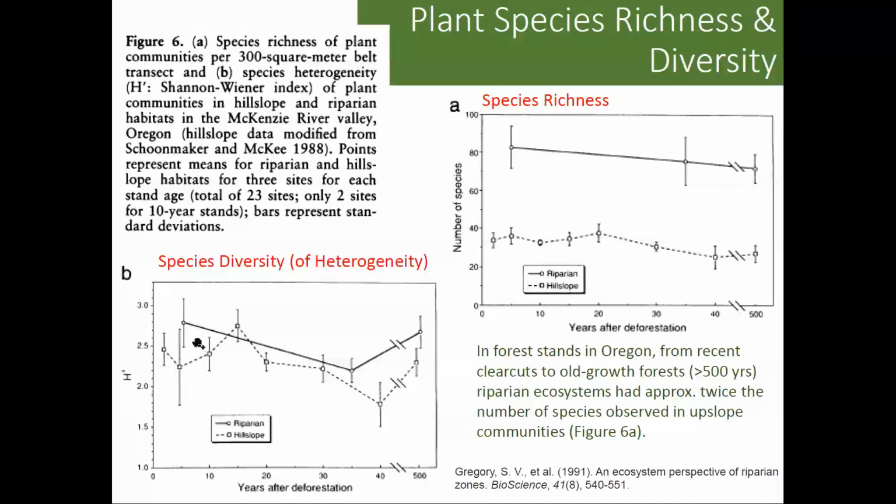From a species diversity perspective, diversity is a different metric. In this case, they're using what's called the Shannon-Wiener index. It's a different measure that includes richness, but also the proportional abundance of each species in the environment. That trend was quite consistent: generally, riparian ecosystems had more species diversity than the upland hill slope.